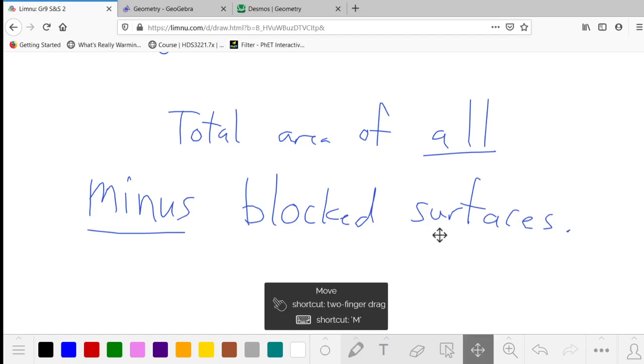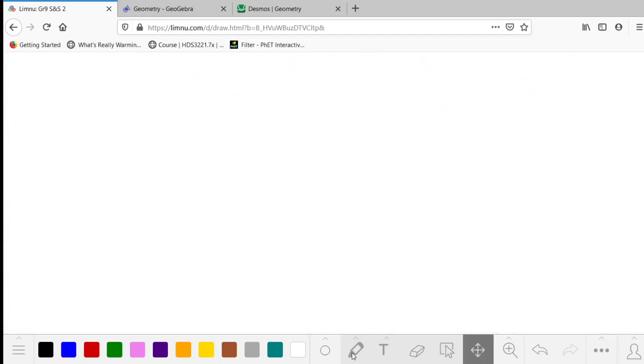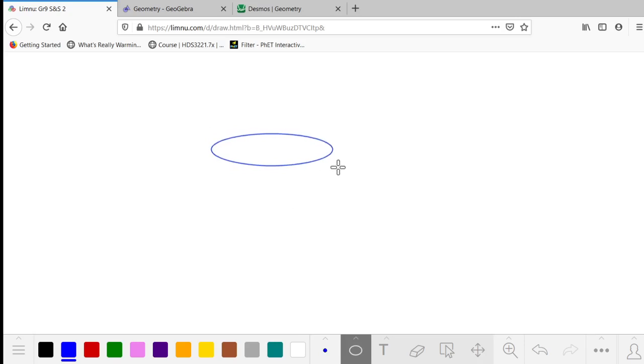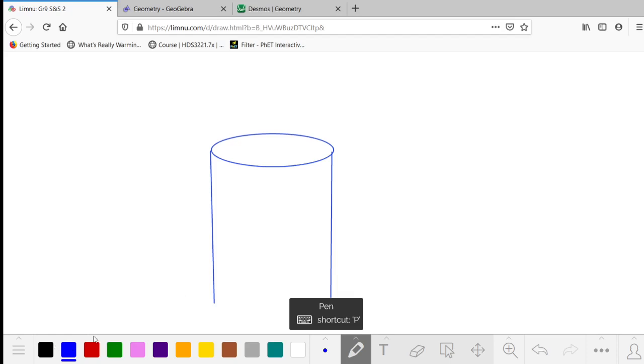So if we had, as another example, a grain silo. A grain silo could be approximated by saying, well, we have a cylinder, which we've drawn here. And then there's a cone on top.